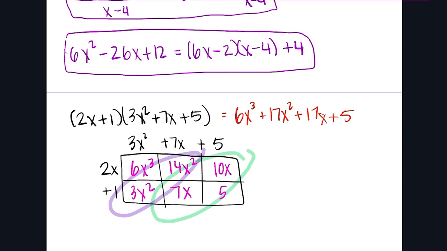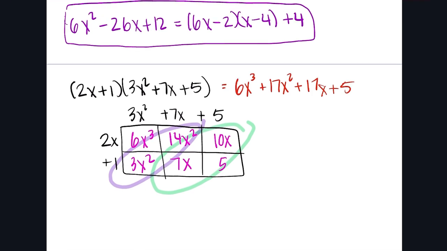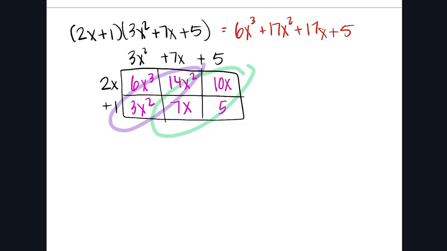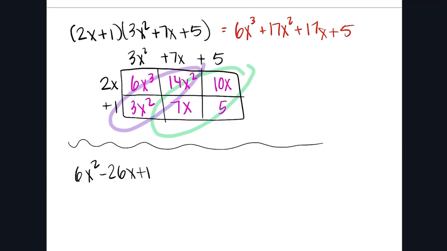So I'm going to do that same long division problem we did to start, where I want to divide 6x squared plus or minus 26x plus 1 by x minus 4.